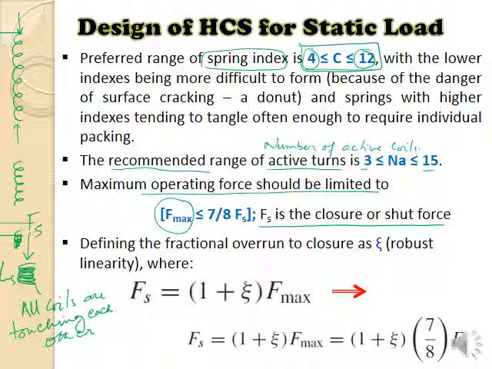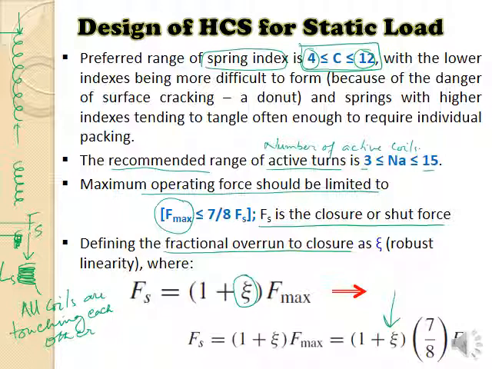Now, what is the recommended value? We always define here a parameter which is called the robust linearity, or the fractional overrun to closure, and we set the value of this one to control that it should not reach the shut length.